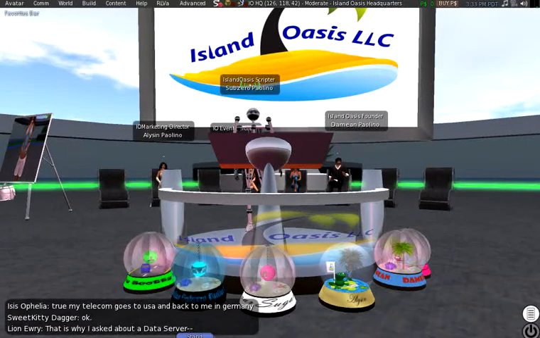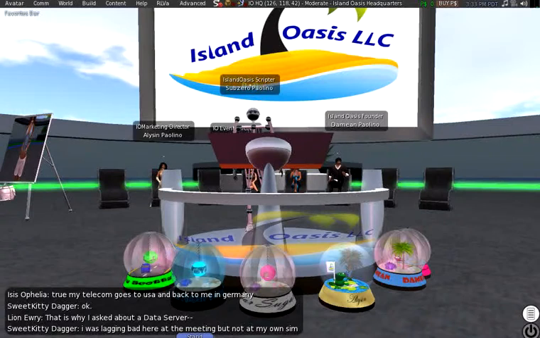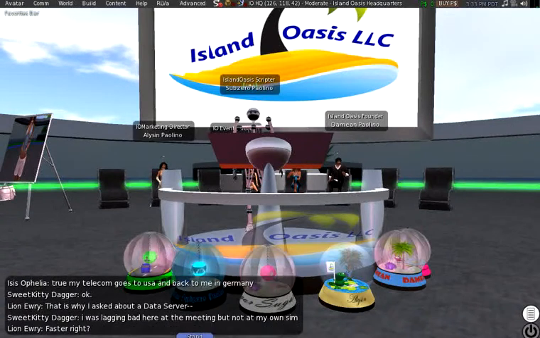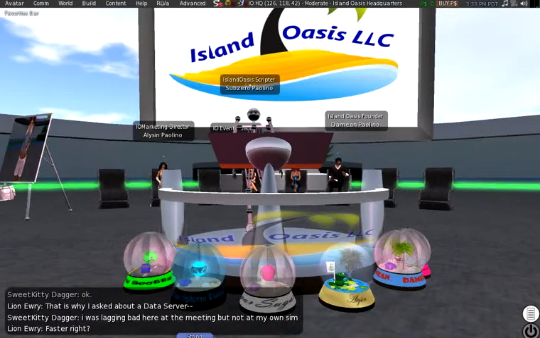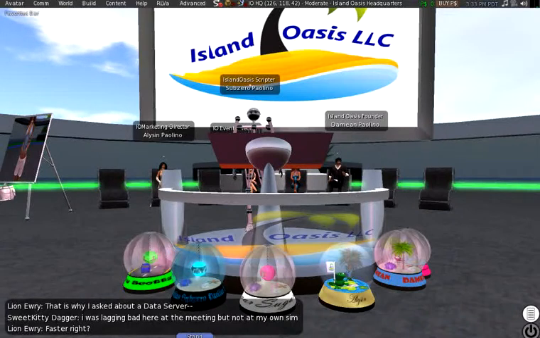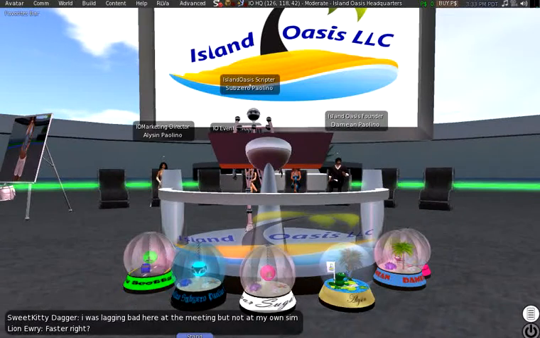Right, the data server center should help the connection in-world here. What that's going to do, Lion, with the data center, it will give a faster connection, but it's not going to help with any scripting things. It's going to help your inventory load faster.